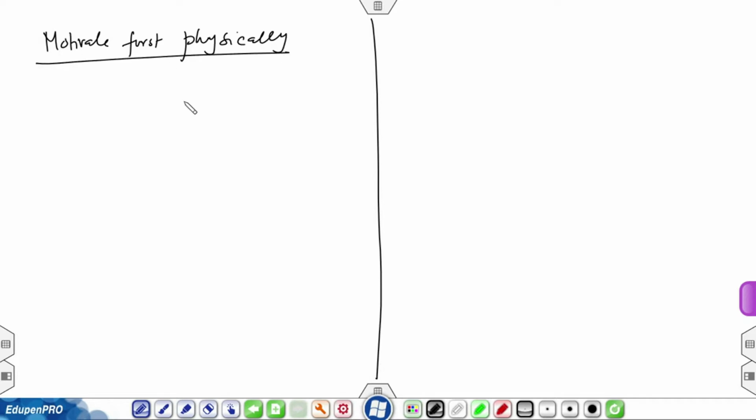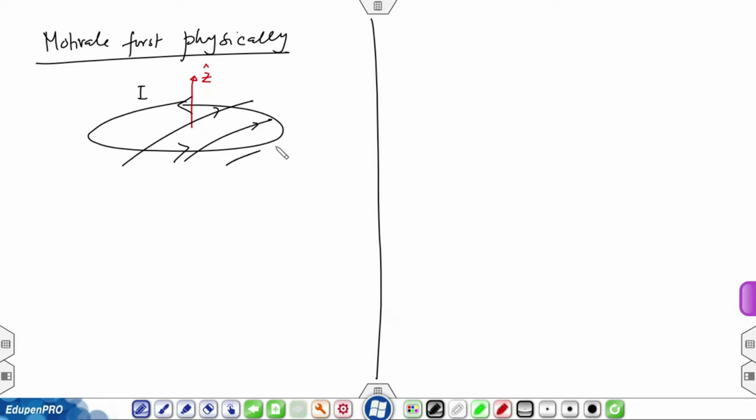For this, again I will consider this loop carrying current I in the phi direction. Its axis is along the z axis, and it is in a field B. For simplicity, I now have B, which has a z component and x component.